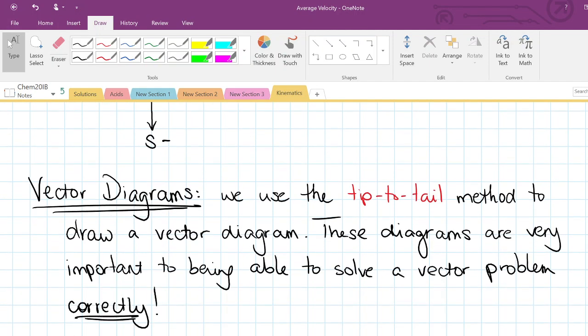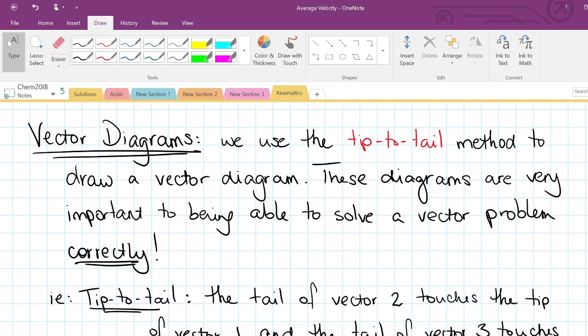The other thing that we have to do when we do vector calculations is we have to draw a vector diagram. So on your long answer problem, if it's a vector problem, you have to include your rosetta and you have to include your vector diagram, right? And then everything else is the same.